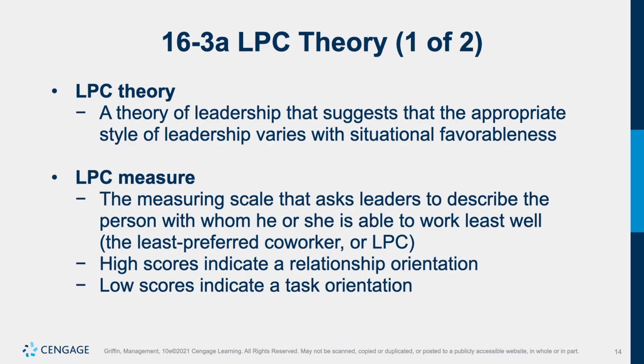The total score for the scale presumably reflects the leader's personality type. A high total score is assumed to reflect a relationship orientation on the part of the leader, whereas a low total score reflects a task-oriented personality on the part of the leader.